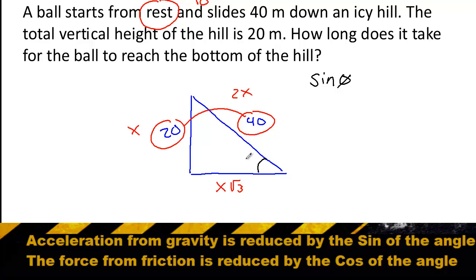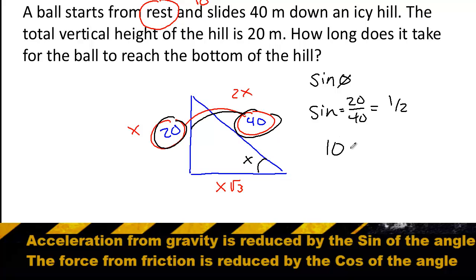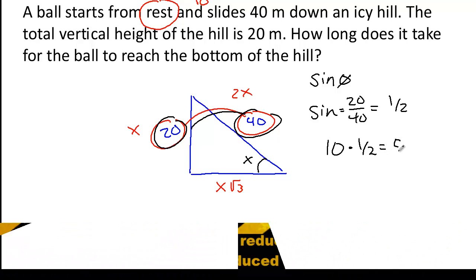So if our angle x is right here, my opposite side is 20, my hypotenuse is 40, so the sine is going to be 20 over 40, which simplifies down to 1/2. Now my acceleration from gravity is the 10 from gravity I started with times the 1/2 I got from the sine of the angle. Or my acceleration from gravity is simply 5.